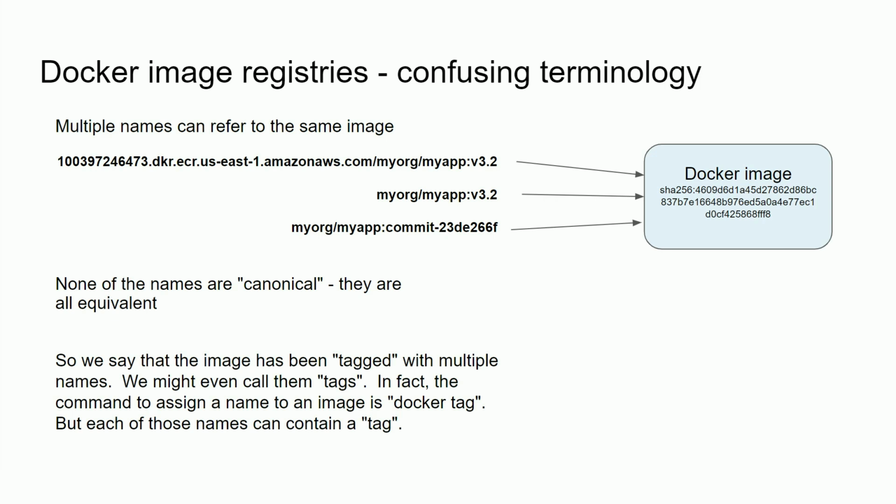So rather than saying that X is the name of this image, we say that this image has been tagged with the name X. Yes, we use the term tagged, and even call these names tags for the image, and we use the command docker tag to assign these names to images. But the tagging we're talking about here is different from the tag that's used at the end of the name. It's an unfortunate confusion, but just something to be aware of.